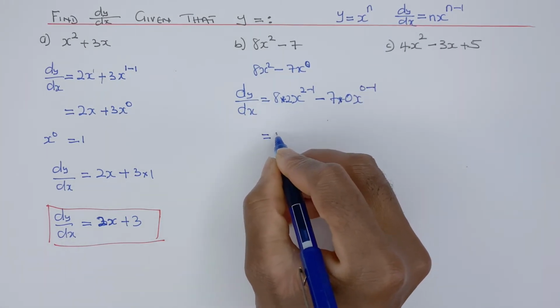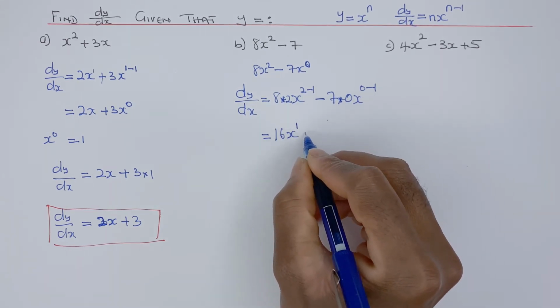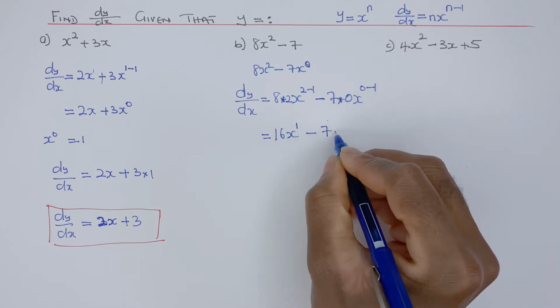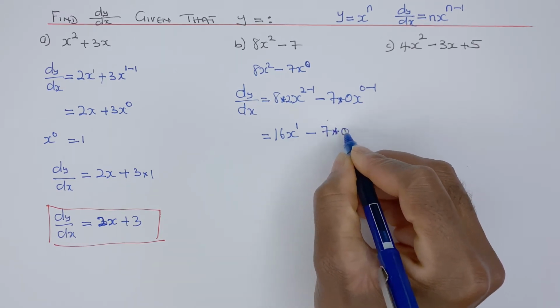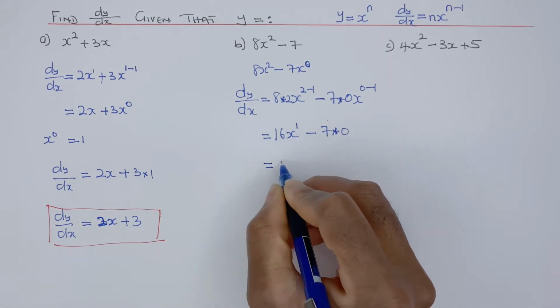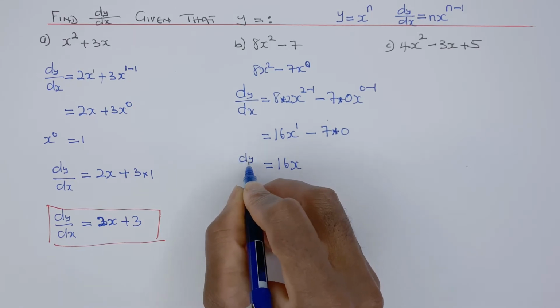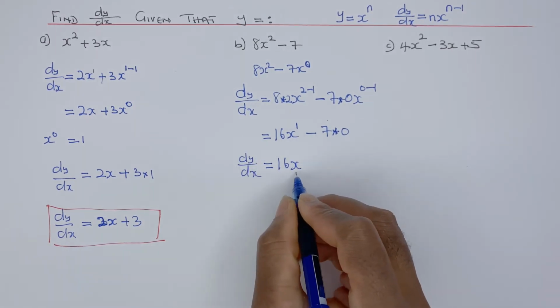And that will be 16x to the power of 1 minus 7 times 0. 0 times that is 0. And that gives 16x. So dy/dx equals 16x.